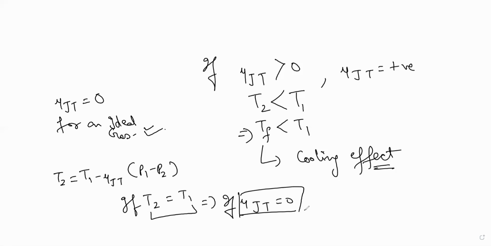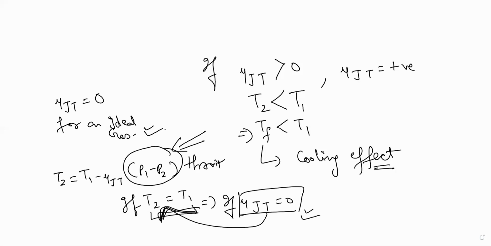So if mu Jt comes out to be 0, then T1 will become equal to T2. So pressure change will take place as long as you use a throttle in the system. The throttle will regulate the speed and pressure changes will be there. They can be positive or negative.